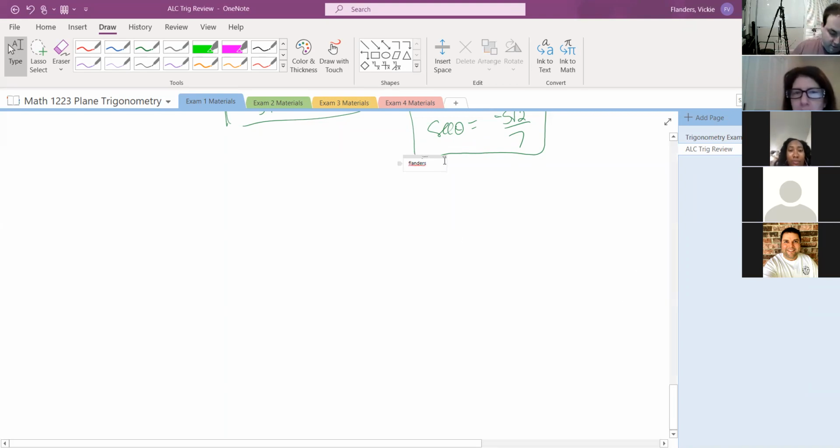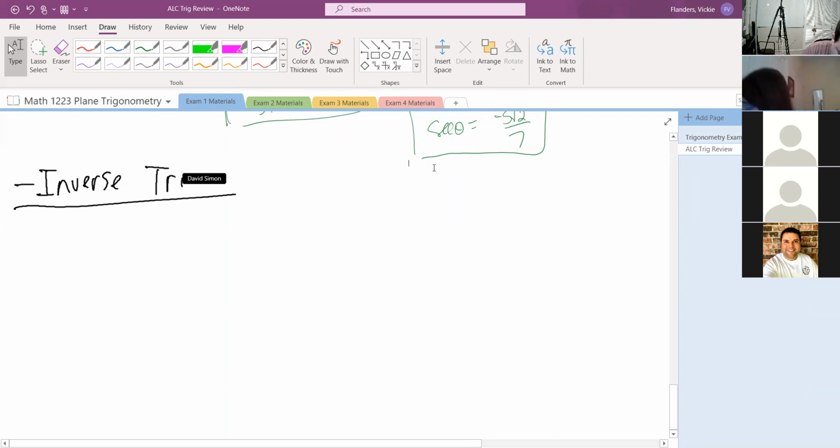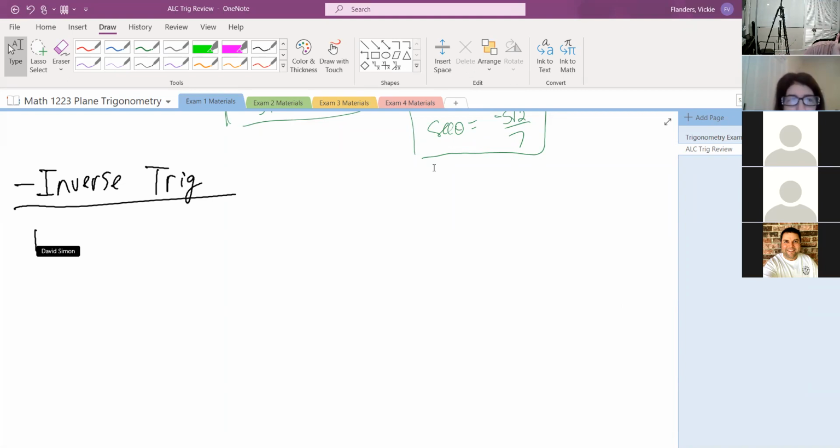Okay, inverses. Inverse trigonometry is the idea that I can take some sort of trig operation of an angle, which is equal to a ratio, and then reverse it.